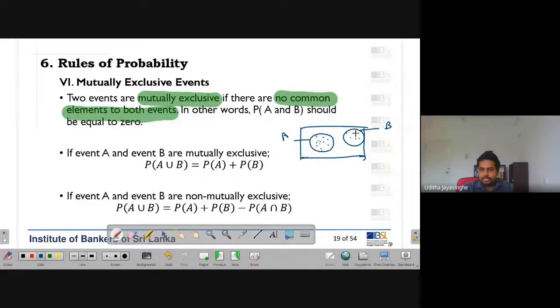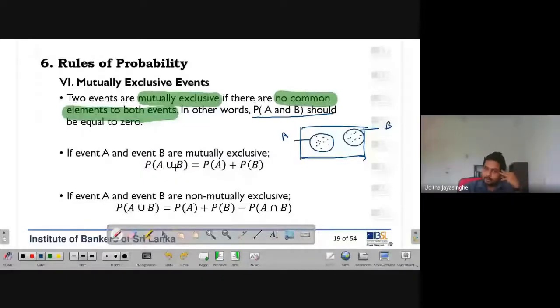Simply because from the area, you can identify that P(A and B) should be equal to 0. There is no common area over here. Mutually exclusive doesn't say whether there's an impact or otherwise; that we will be discussing in the independent events scenario.